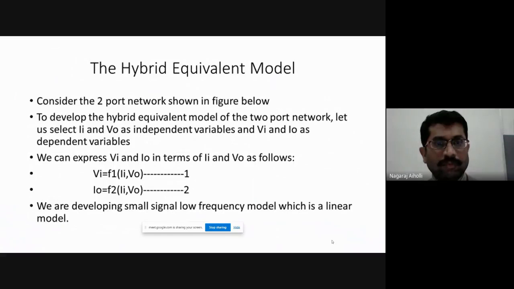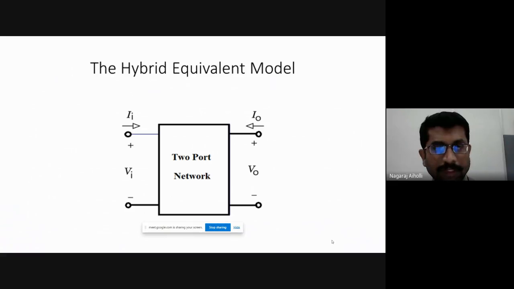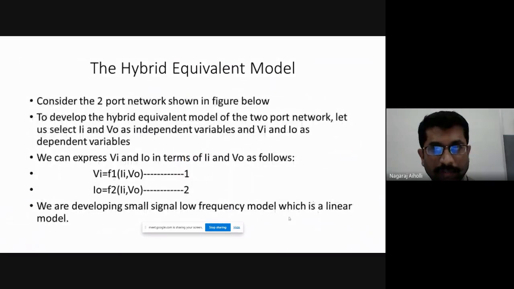What is a hybrid equivalent model? Consider the two-port network. Ii and Vi are the input current and input voltage. Io and Vo are the output current and output voltage. To develop the hybrid equivalent model, we assume two variables as independent and two as dependent.